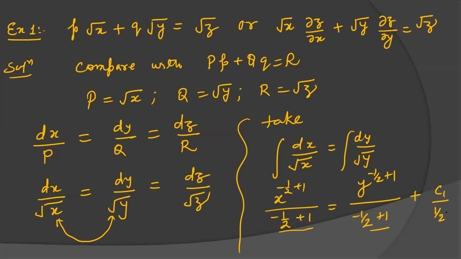We want to cancel out 1 by 2, so I'm using c1 by 1 by 2. If you do not want to divide by 1 by 2, you can take c1 only also. That will not affect. So this is cancelled out from both sides. So you will get root x equal to root y plus c1, or you can say root x minus root y equal to c1.